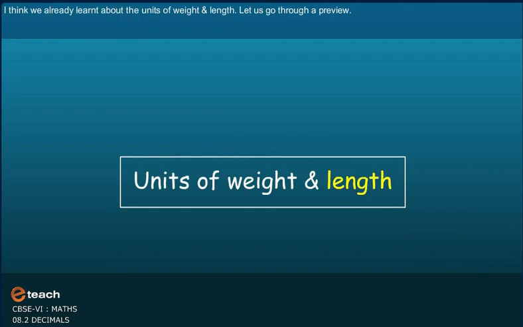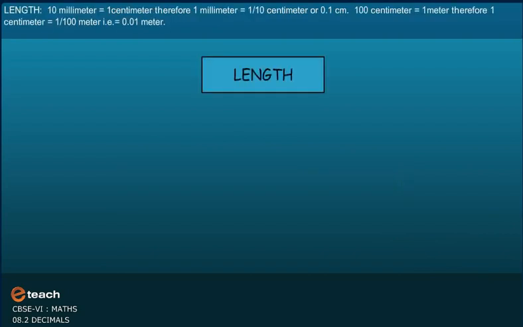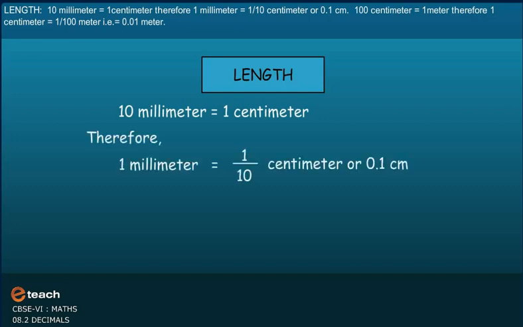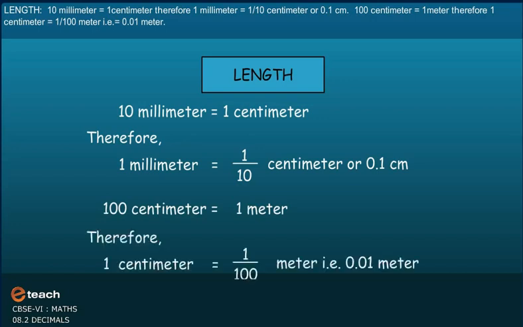I think we already learnt about the units of weight and length. Let us go through a preview. Length. 10 mm is equal to 1 cm. Therefore, 1 mm is equal to 1 by 10 cm or 0.1 cm. 100 cm is equal to 1 meter.